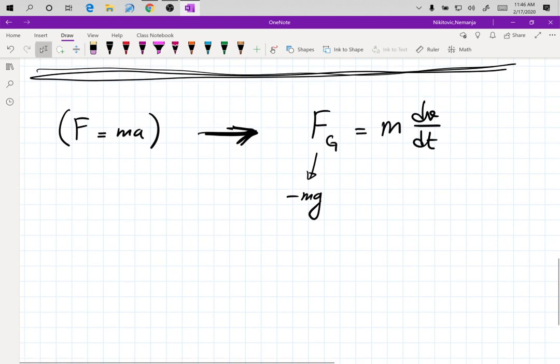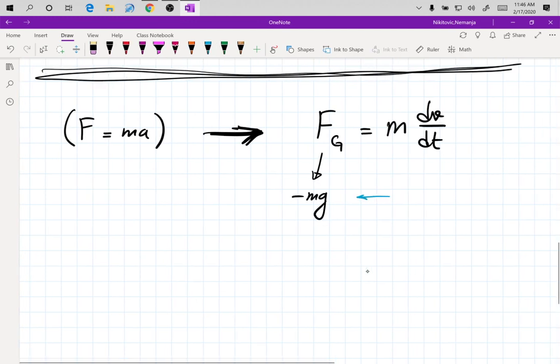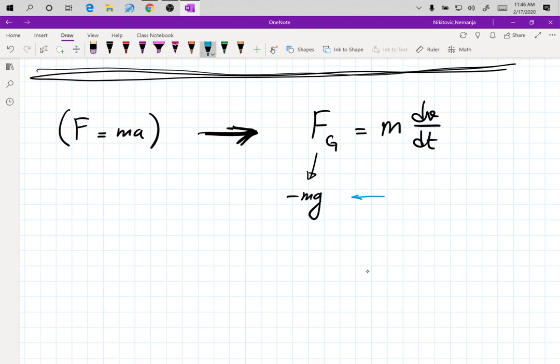All right. So now, I'll just say this maybe blue. That's weight, right? It's weight.